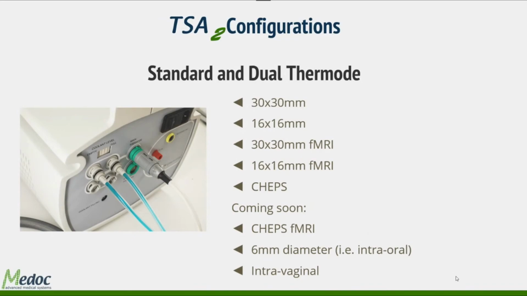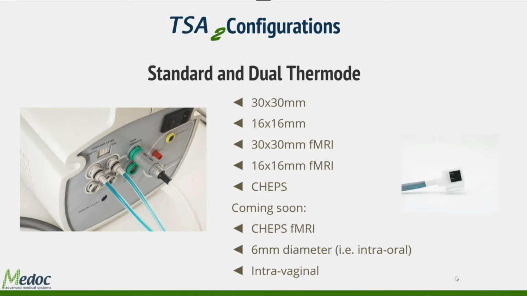And then we will later release additional accessories such as a small surface thermode, 6 millimeter diameter, previously called the intraoral thermode, the one that allows you to test a very small area and differentiate between different points, and an intravaginal thermode for genital sensory assessment.